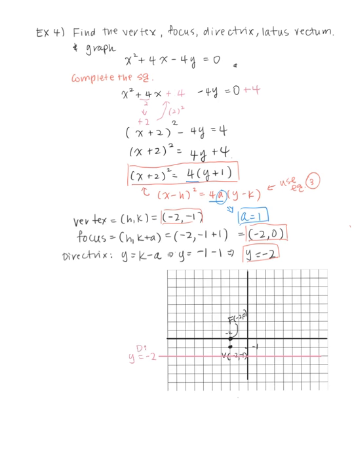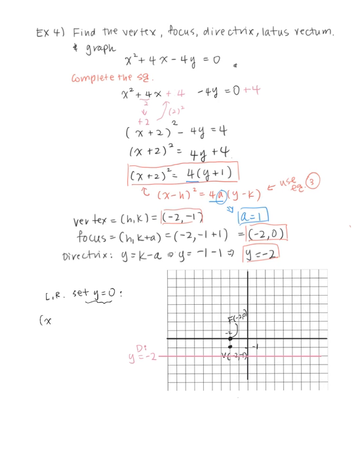And now let's find the latus rectum. If I draw a straight line through the focus parallel to our directrix, that line is y equals 0. So to find the latus rectum, set y equals 0. We're going to plug that into this equation.